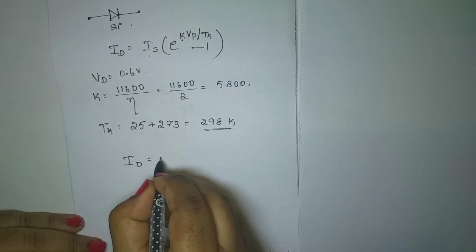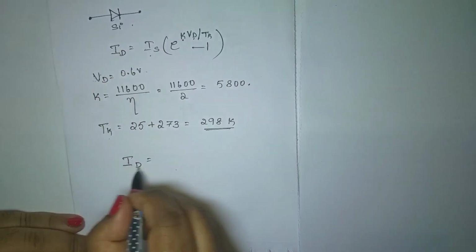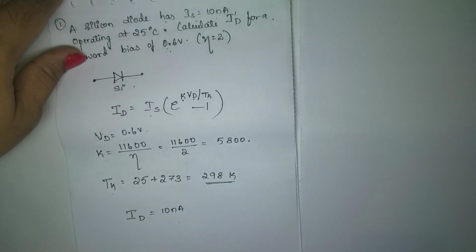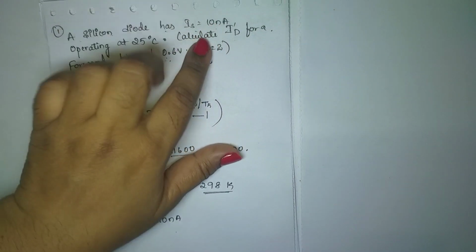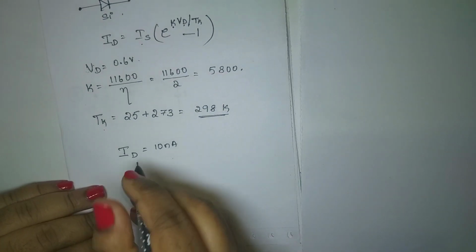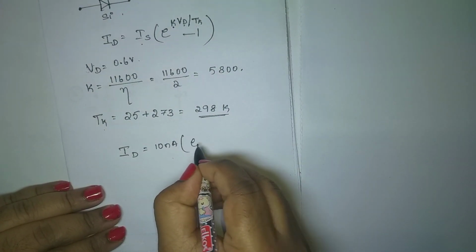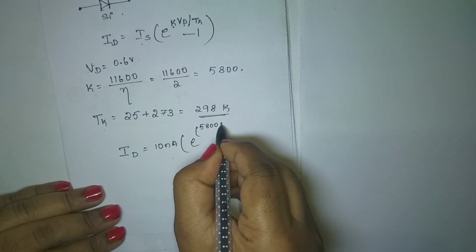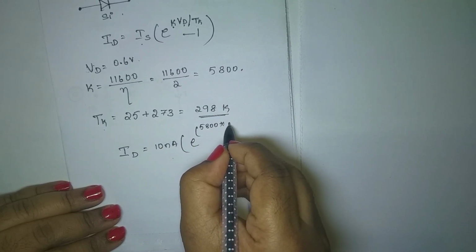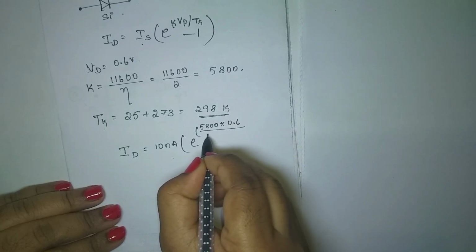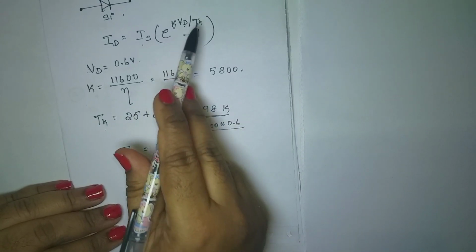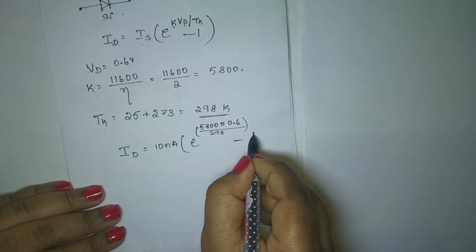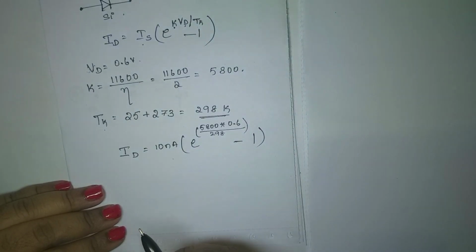ID is equal to IS, which is already given as 10 nanoamps, into e power (5800 into Vd, where Vd is 0.6, divided by Tk, which is 298) minus 1.